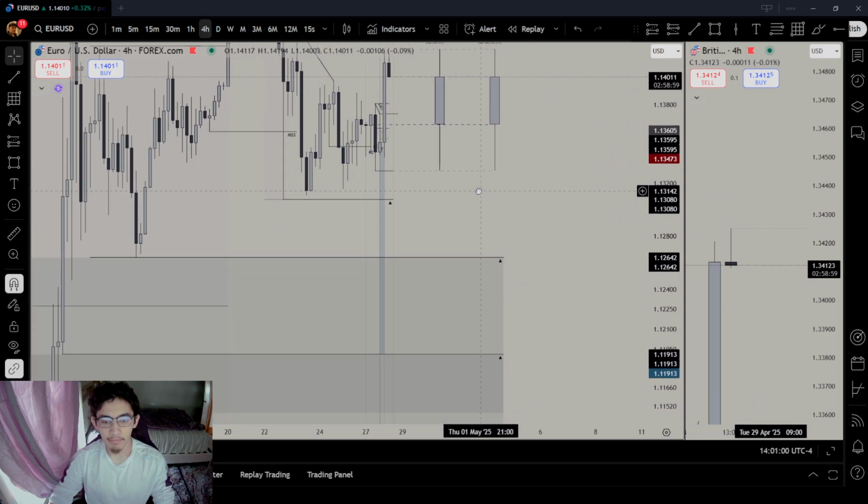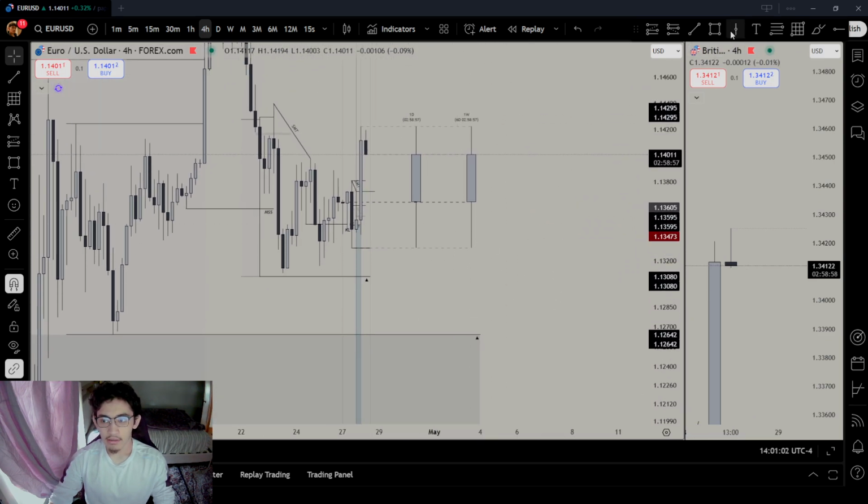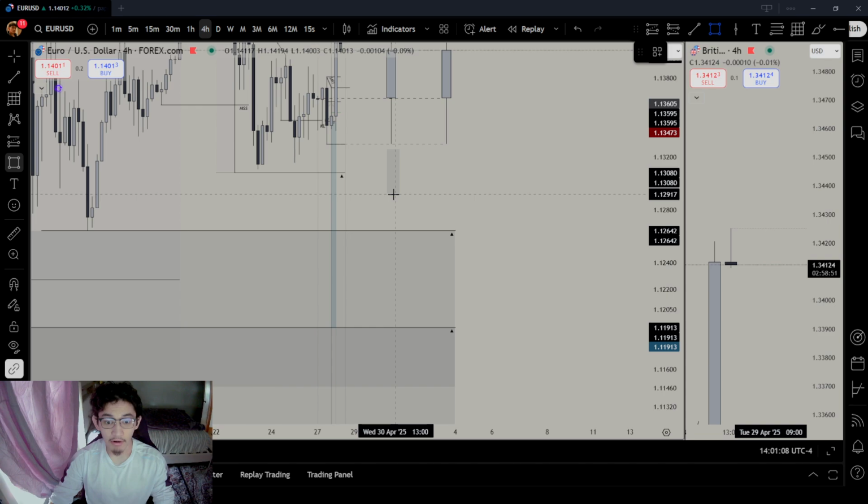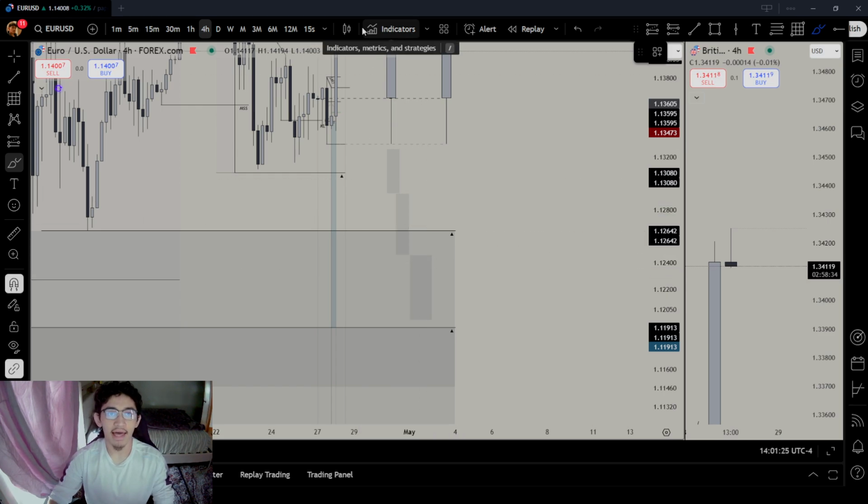A fair value gap is created by 3 candles. Candle number 1 is whatever. Candle number 2 is the important one. And candle number 3 is all the way down here. From candle number 1 to candle number 3, so 1 and 3, they cannot have a wick like this.